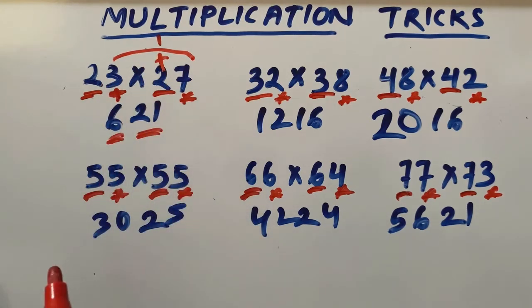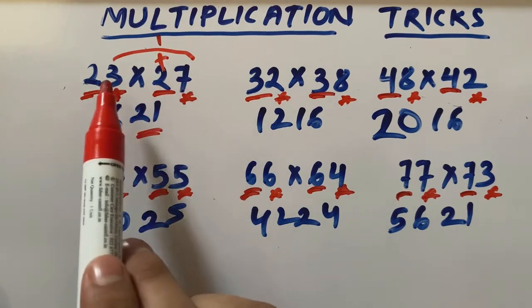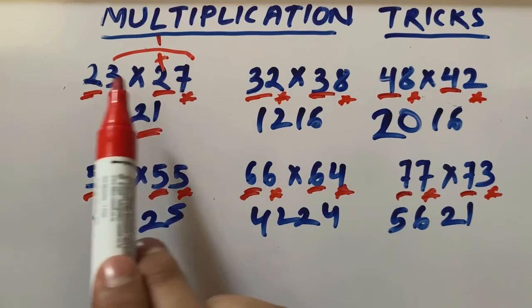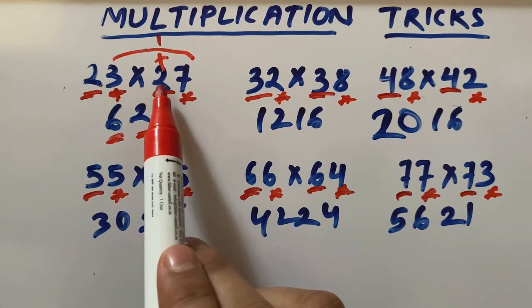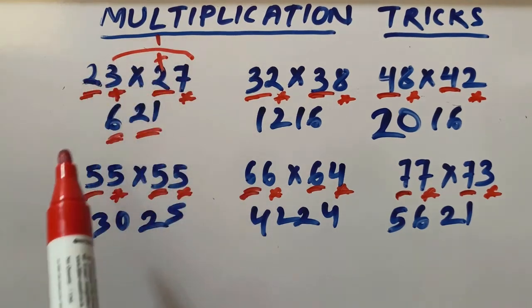We got 621. Again I am repeating: 7 times 3, both the second digits we are multiplying, we got 21. Then the first digit plus 1, 2 plus 1 equals 3, 3 times 2 is 6.